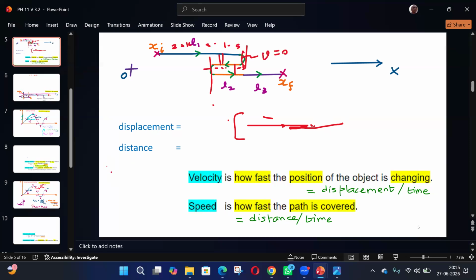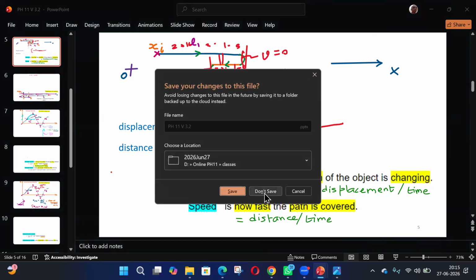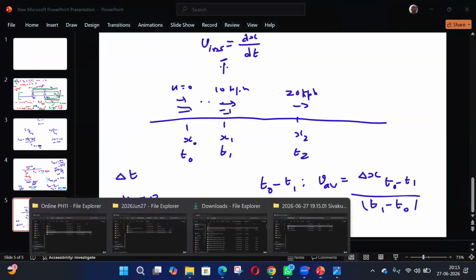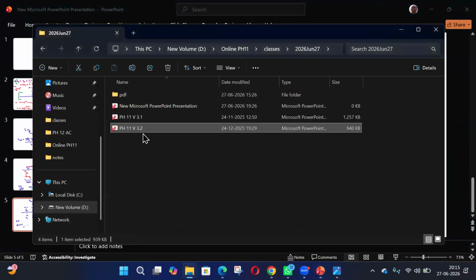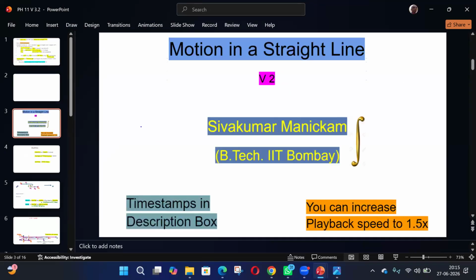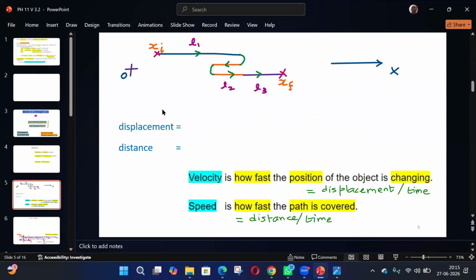So from here to this first turning point, the distance is L1.